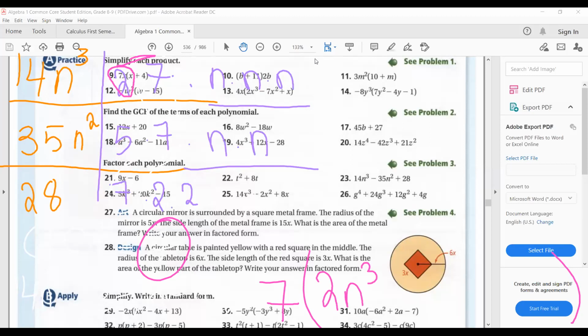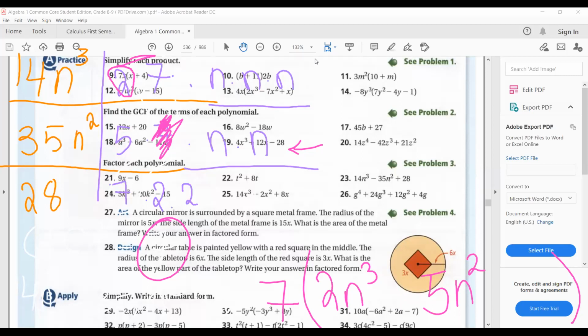Now let's ask Huda. If we look at the second term, if you remove the GCF 7, what will remain? 5n squared. Thank you, Huda.